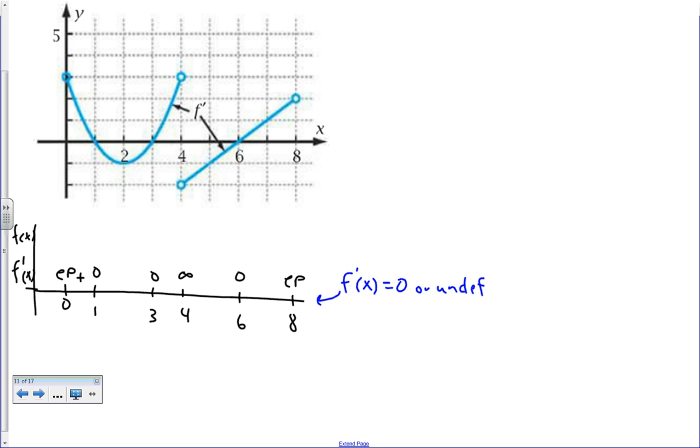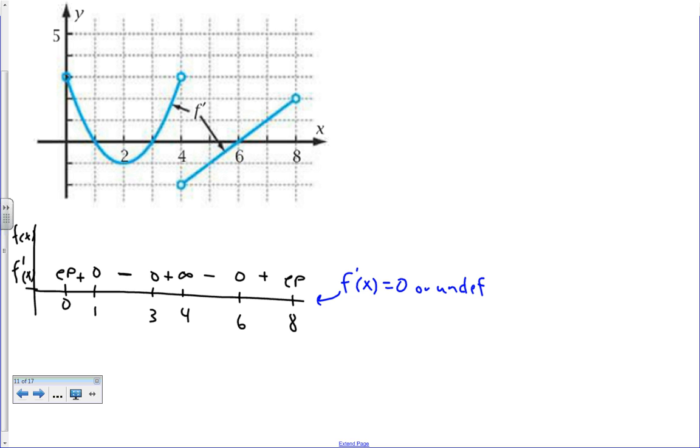And then between 1 and 3, my derivative is below the x-axis, so that means my derivative is negative. From 3 to 4, we're above the x-axis again, so we're positive. From 4 to 6, we are below the x-axis, so it's negative. And then from 6 to 8, our derivative is above the x-axis, so therefore f prime is positive. And now I can fill in what that means about function f up above this.